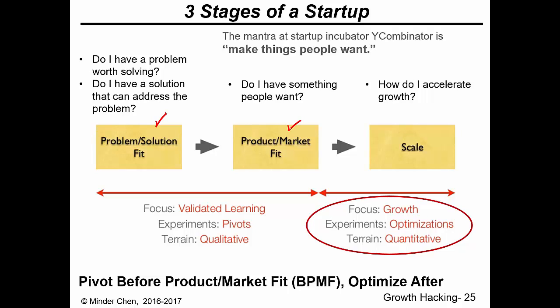And then we move to the second stage, which is seeking product and market fit. We try to come up with a minimum viable product that we can test in the marketplace and make sure there's a market for the product and service that we have in mind, and make sure that you have something that people really want.